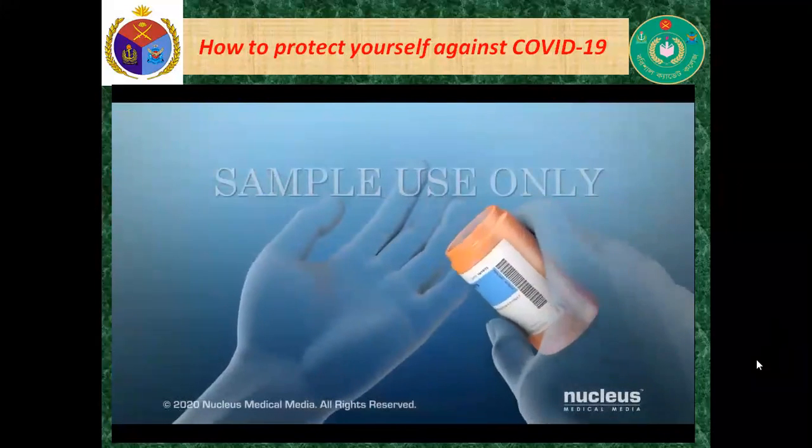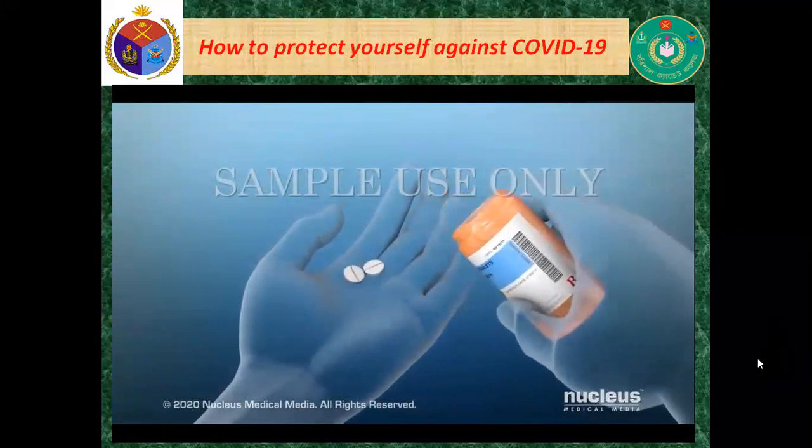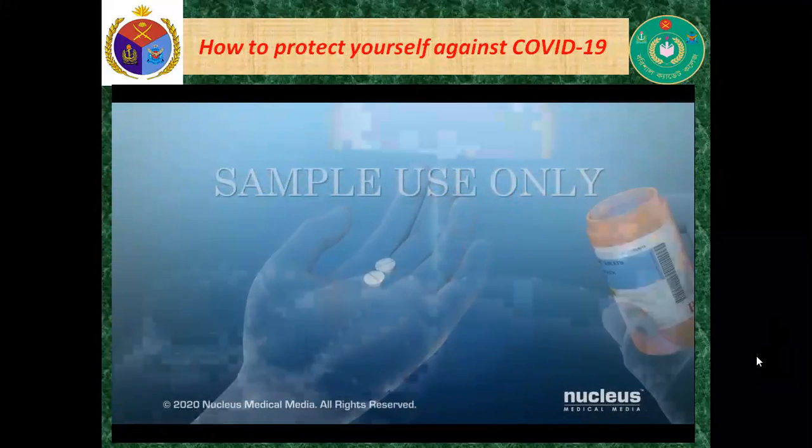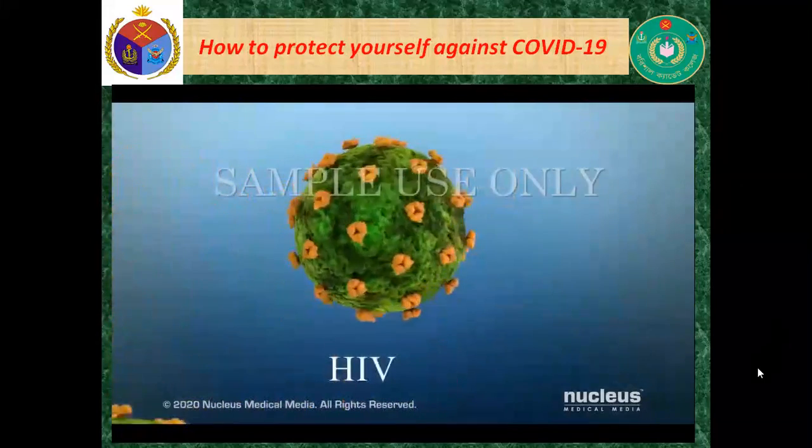High-risk groups also include people with a weakened immune system, including those on certain medications, such as corticosteroids, people in cancer treatment, and those with HIV or AIDS.